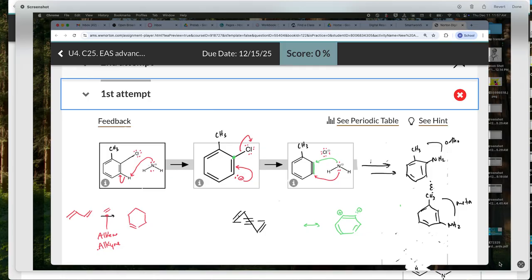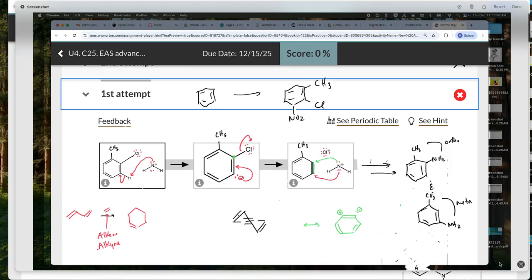I don't have an easy way of clearing things, so I'll crudely draw it up at the top. So if I start with a benzene ring and I want to make CH3Cl, and oops, that's my eraser, NO2.